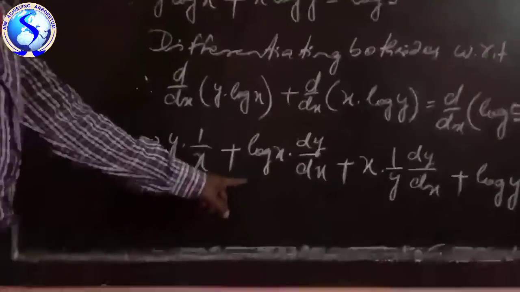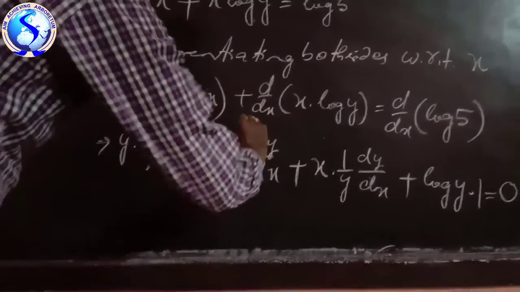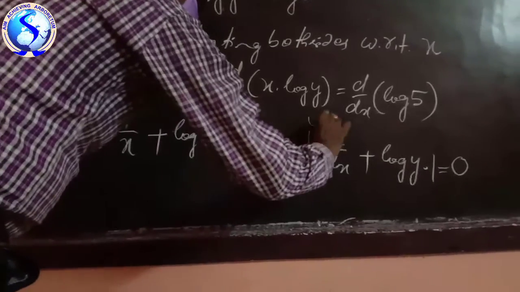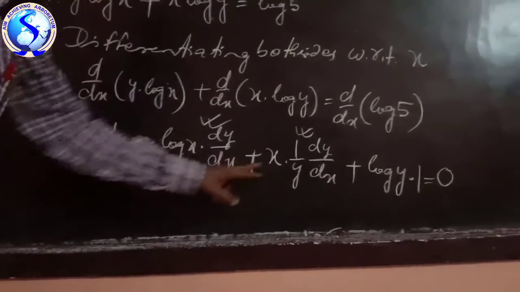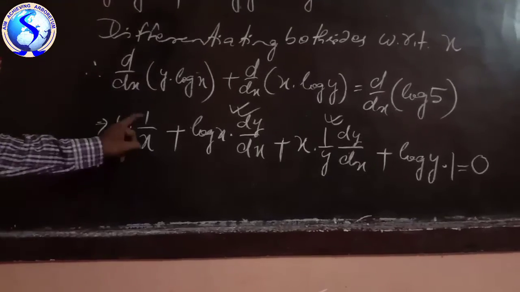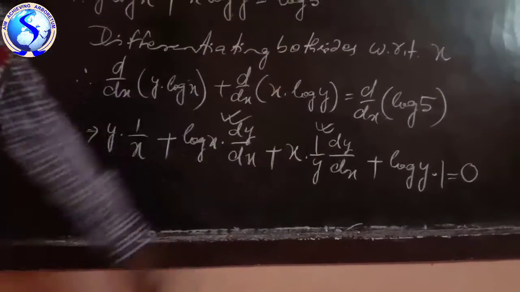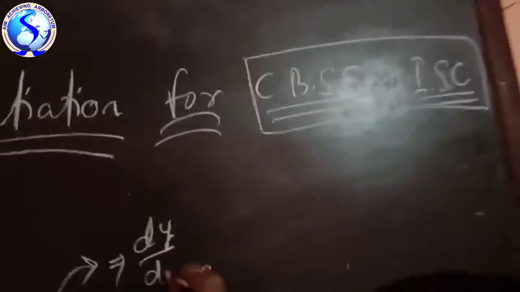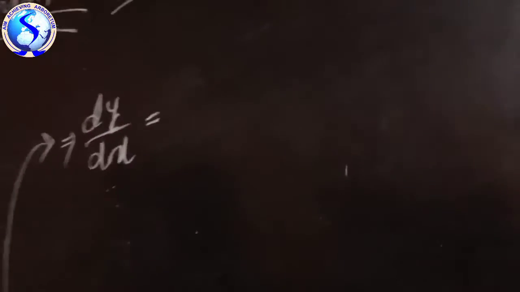From this part, you have to take dy by dx common from here and from here. If I take dy by dx common, the remaining part, y by x and log y, you transfer to that side. If I take dy by dx common, what will the result be?